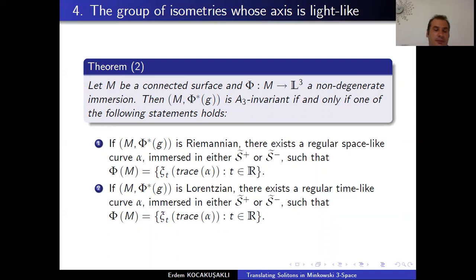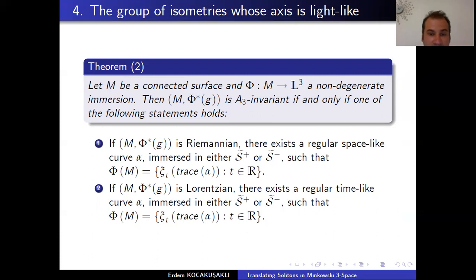This theorem is given by Barros, Caballero, and Miguel Ortega in their paper. The theorem says: let M be a connected surface and phi a non-degenerate immersion. Then it is A3 invariant if and only if one of the following statements holds.